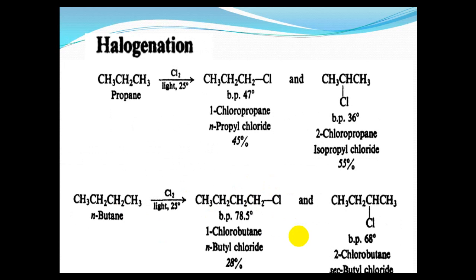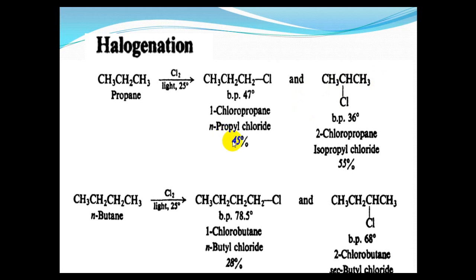Halogenation of another alkane which contains 3 and 4 carbon atoms will give 2 products. For example, halogenation of propane with chlorine at 25-degree temperature will give 1-chloropropane and 2-chloropropane.